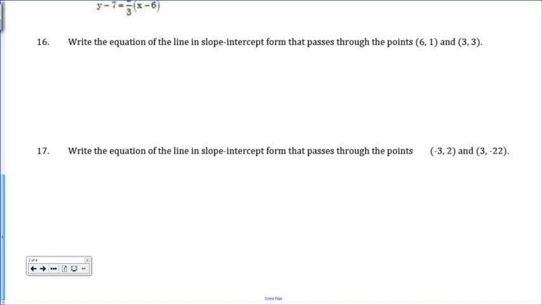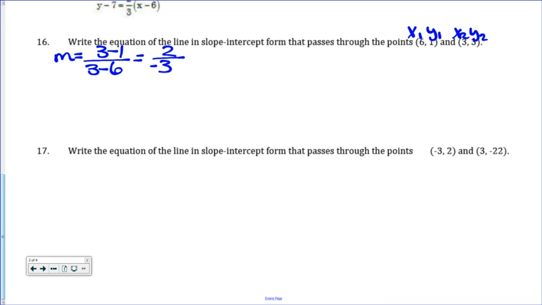Number 16. Write the equation of the line in slope-intercept form that passes through the points 6, 1 and 3, 3. The first thing we need to identify is our slope. So we're going to use that equation from the front. y2 minus y1 over x2 minus x1. So 3 minus 1 over 3 minus 6. So 3 minus 1 is 2. 3 minus 6 is negative 3.